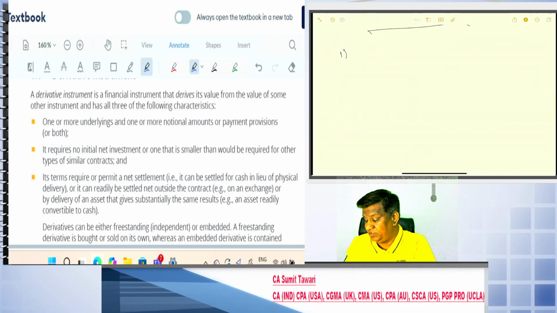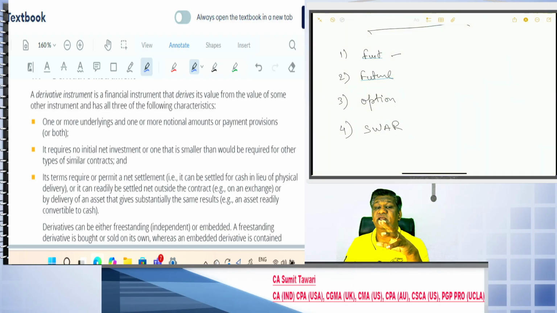So there are four types of derivative contract: forward, future, option, and swap. In a forward, what happens?